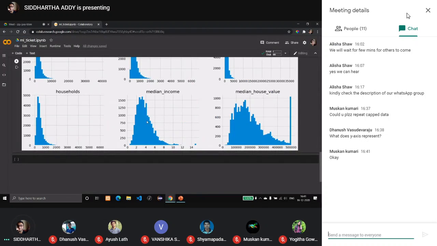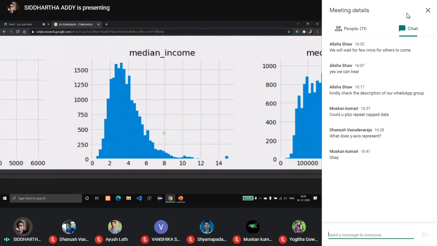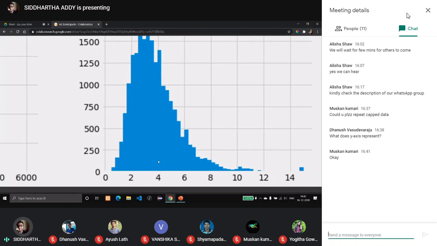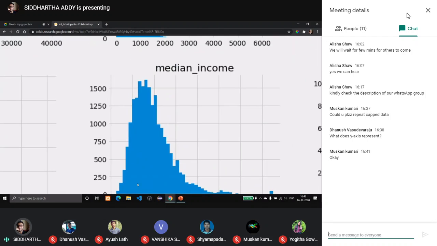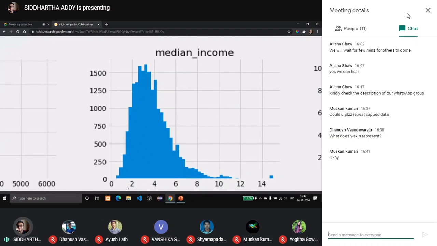If you look at it, we can see our housing median income is high between 2 to 6. From 2 to 6, the median income of the people is high, about 1500 and above people have this housing income in the range of 2 to 6.